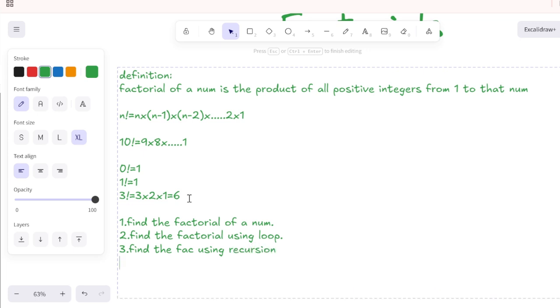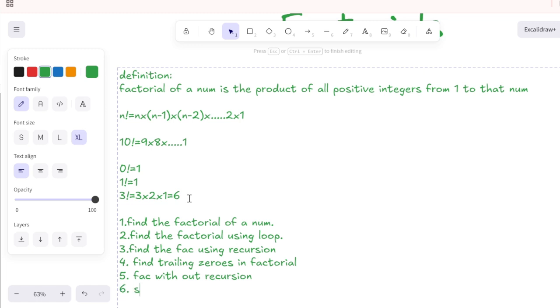Okay. Next, fourth question, find trailing zeros in factorial. Fifth question, find factorial without recursion.